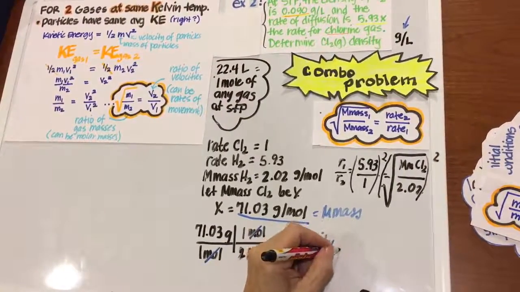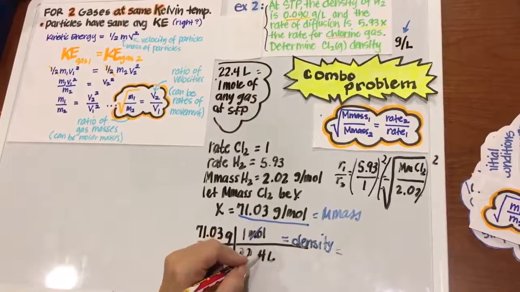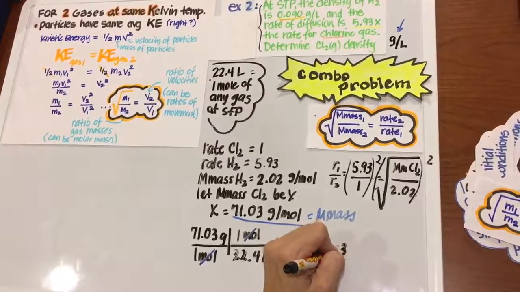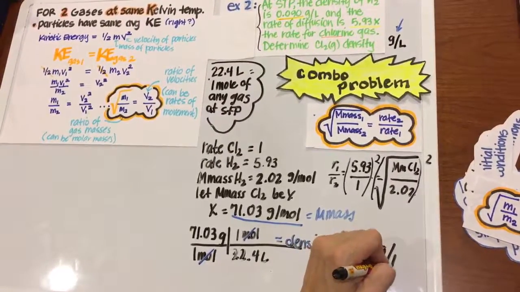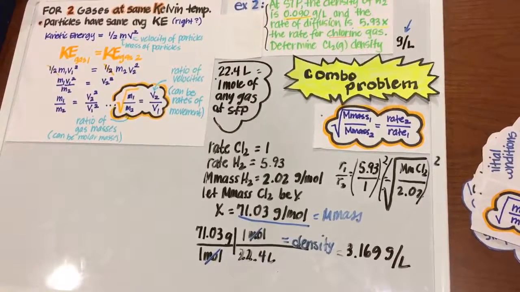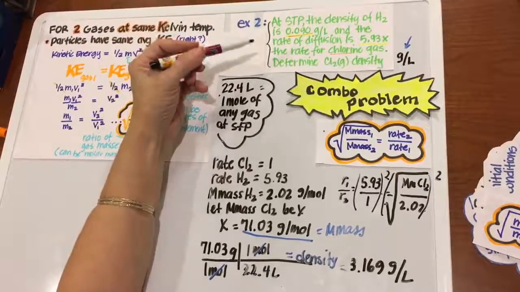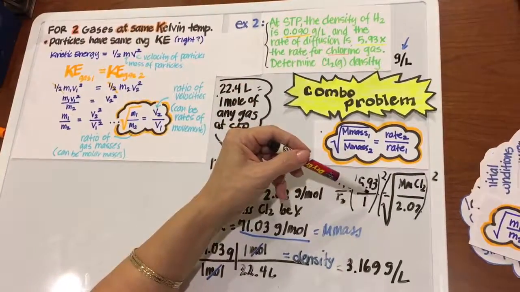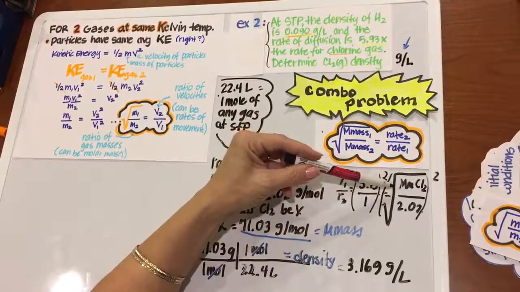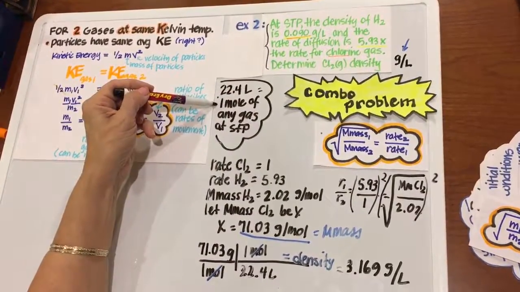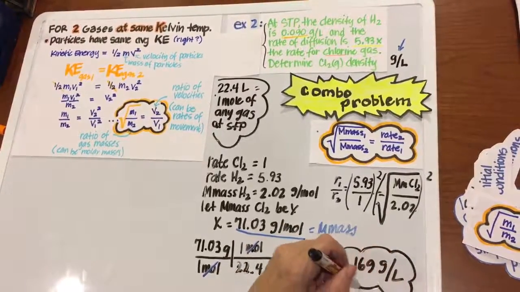And when I do that division problem, 71.03 divided by 22.4, I get 3.169 grams per liter. There you have it. That's about as complicated as it gets. Using Graham's law of diffusion to find a molar mass of an unknown gas. And then using the molar mass with the molar volume at STP and finding the density.